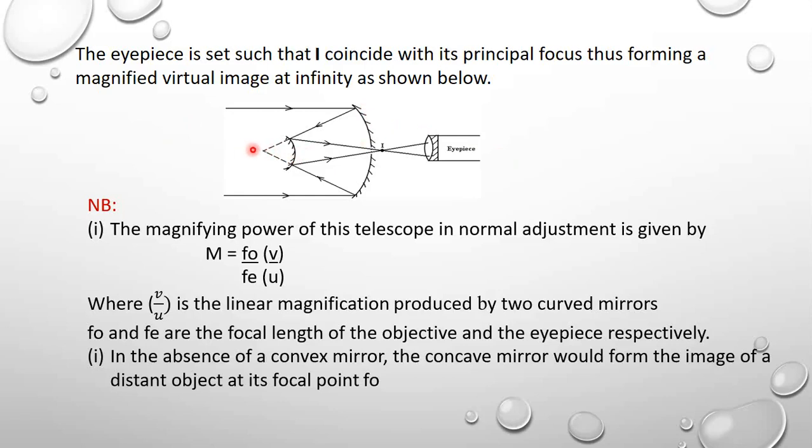So this would be a point f0, and the distance from here up to here would be the focal length of this concave mirror.